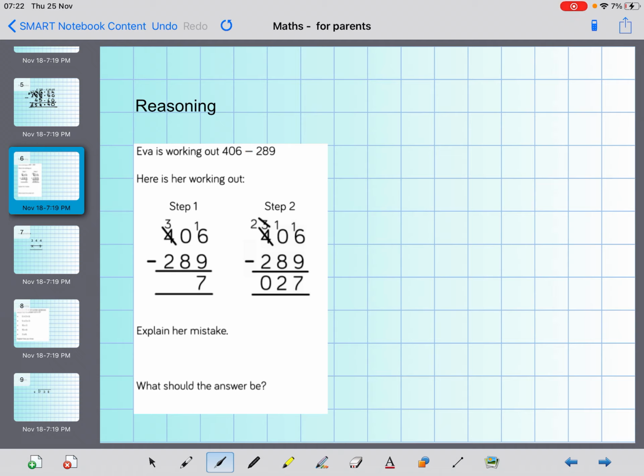So we're going to look at this question, and we can see automatically in step 1, she has exchanged into her ones column, but she has exchanged from hundreds. Now, because we know our value of our digits, we know that 100 is not the same as 10 ones. In fact, it is the same as 100 ones.